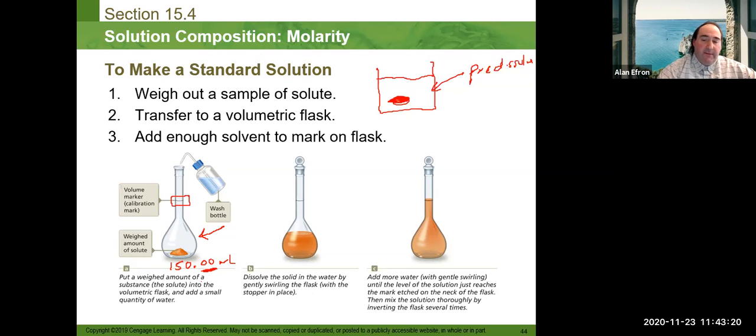So what we typically do, if you do a pre-dissolve, or if you scoop just the solid into your volumetric flask, we then fill it with some water, or your solvent. Very important when you use this glassware, it's not necessary to fill it to the neck. Usually you want to keep it below the neck. That gives you enough room to give it some mixing.